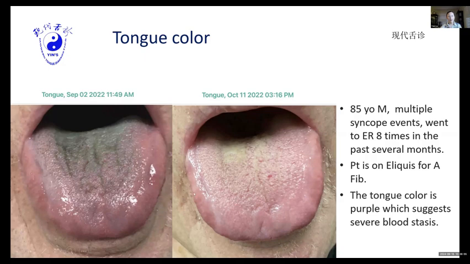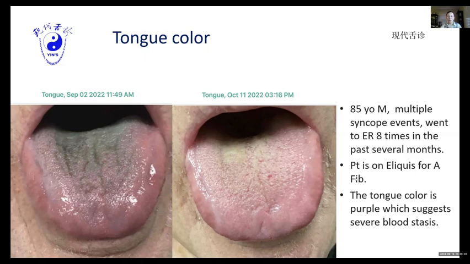And then this is October 11th, so only 1 month and 1 week later, and you see the tongue has a significant change. This is in year 2022. Since that time, he has never had any syncope episode, and he is able to walk 1.5 miles every day.